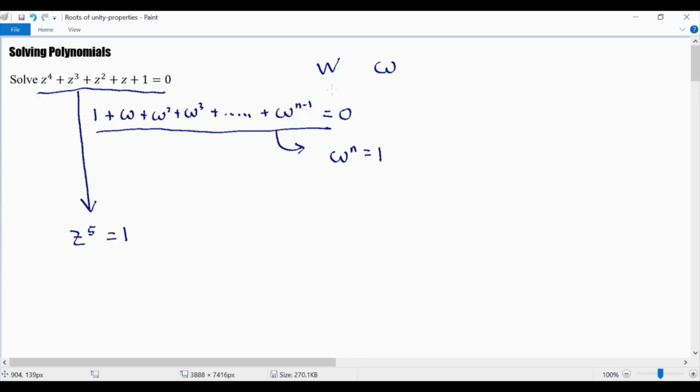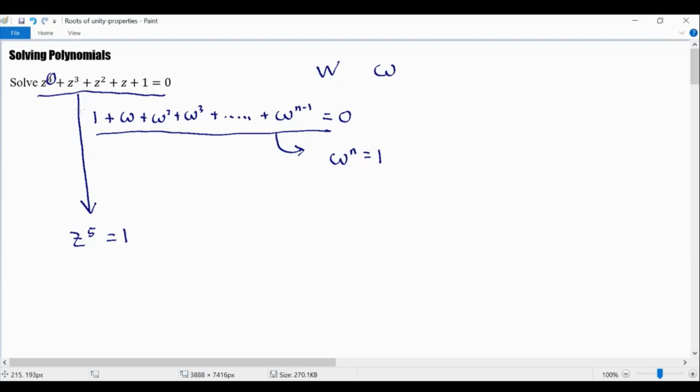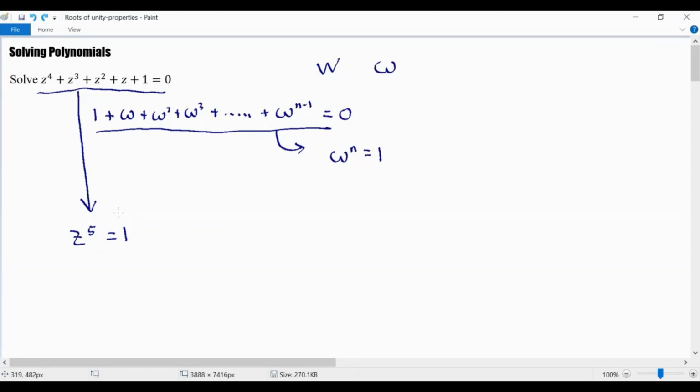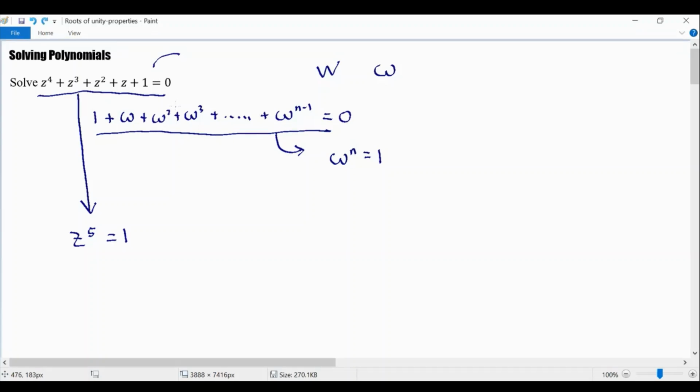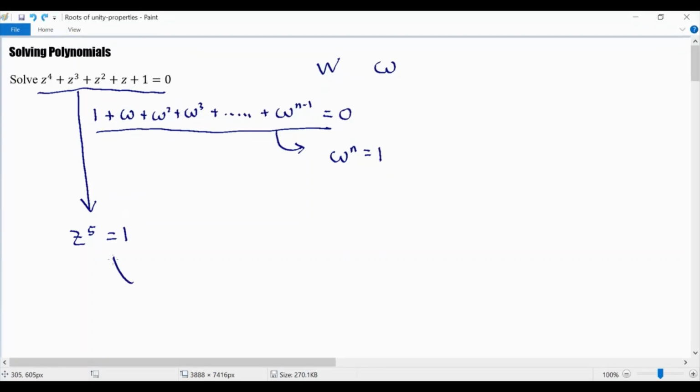The reason that's important, you'll notice the highest power in the polynomial is 1 less than the power here. So the highest power I had here was 4, and so therefore I know the power of my polynomial down here will be 5. The other crucial thing to point out is that the solutions to this polynomial here will not be all the solutions to this.